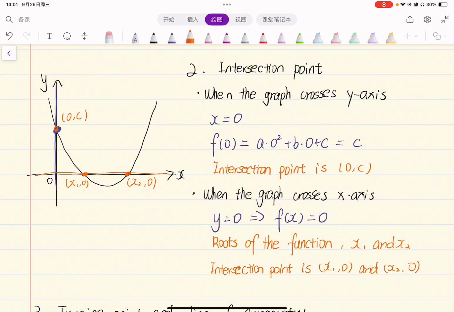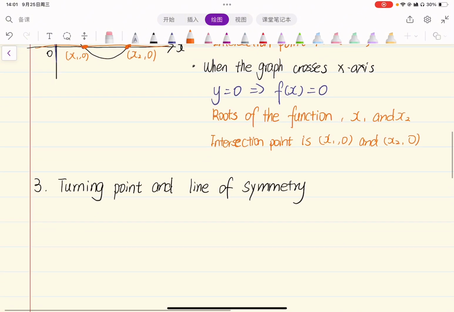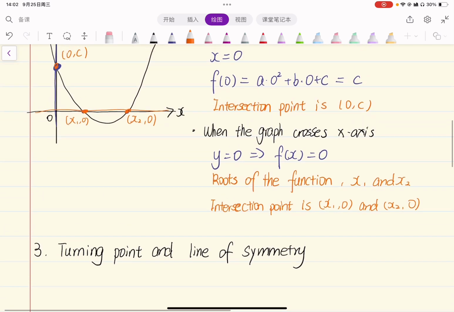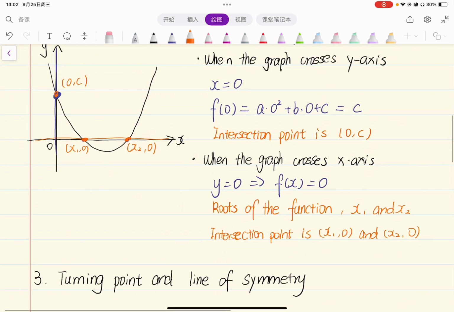Now let's move on to the third key feature, talking about the turning point and the line of symmetry. For any quadratic graph, it has one turning point. In this graph, we can see here is a turning point.